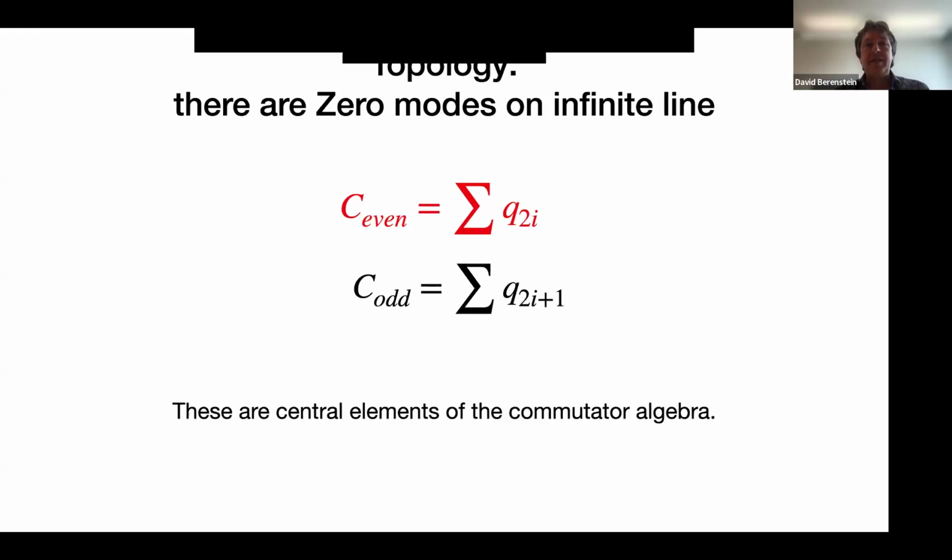The important thing is that on an infinite line, there's two elements of the algebra that commute with everything. So there's two central elements. You take the even and the odd sums of the Q's. You can show that they commute with everything. This is one way to think about them as zero modes.